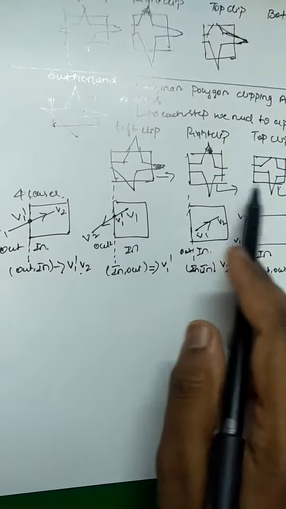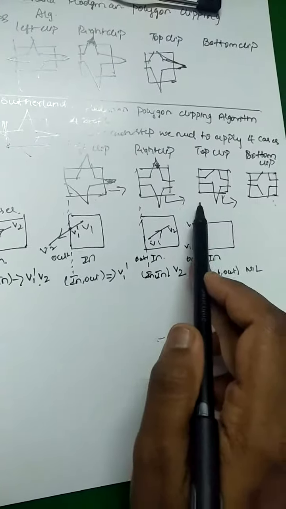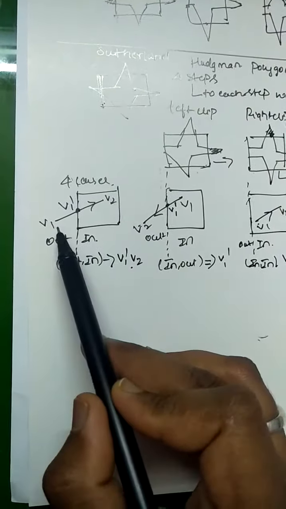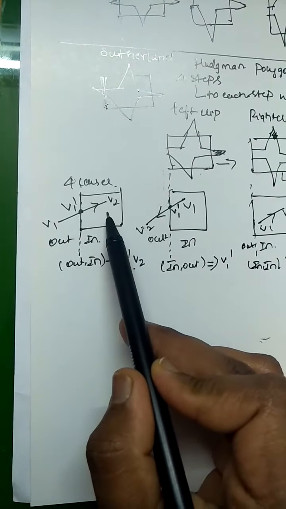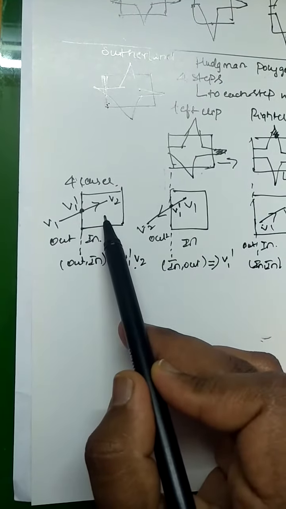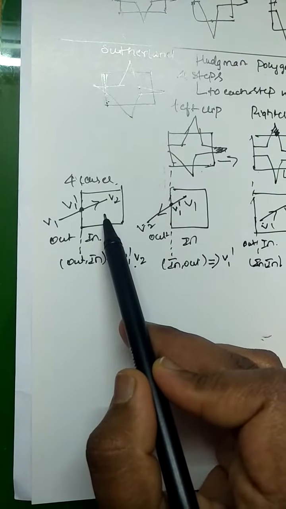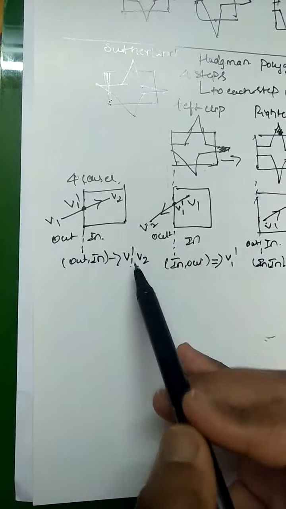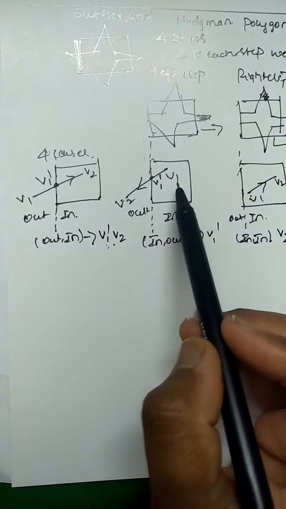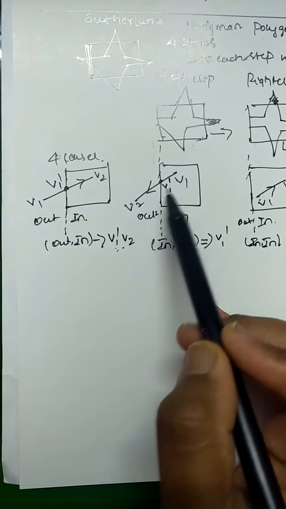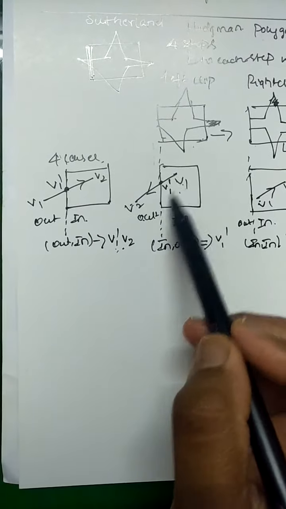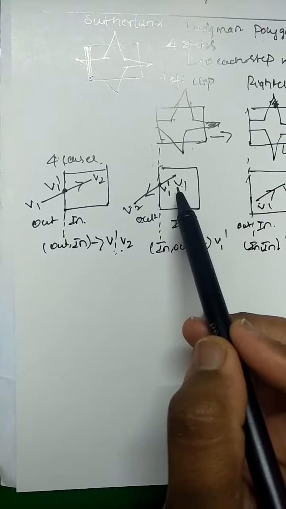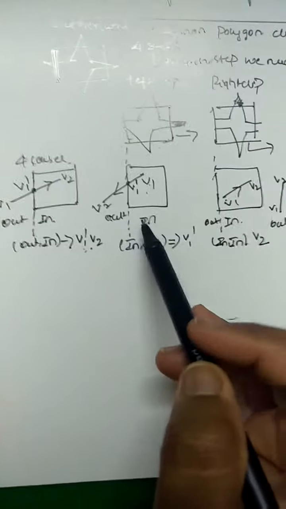So we need to apply all these 4 cases to all 4 steps, that is left clip, right clip, top clip and bottom clip. I'll just say once again, consider the window. If there is an edge from out to in, that is moving from outside the window to inside the window, in that case I have to take the intersection vertex V1 dash and V2. If the edge is moving from inside to outside the window, that is V1 to V2, I have to take the intersection vertex, that is V1 dash.